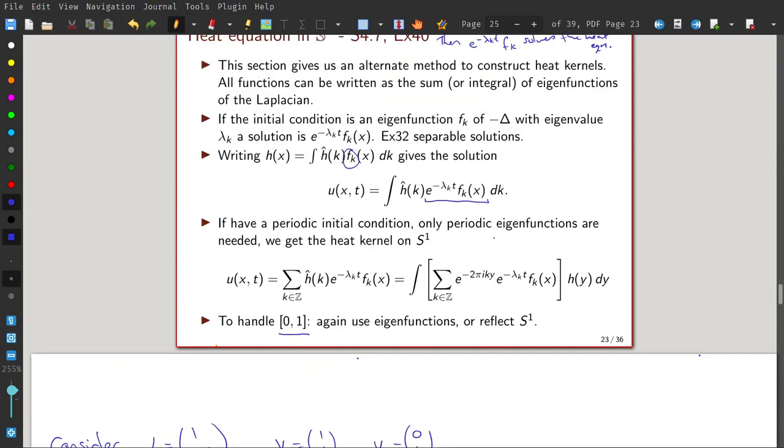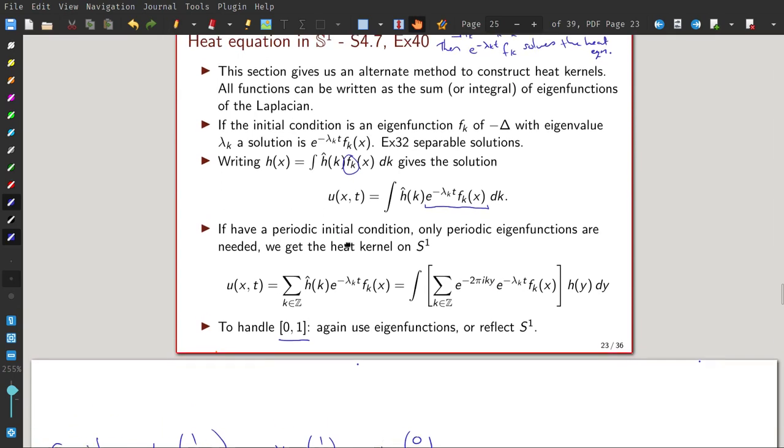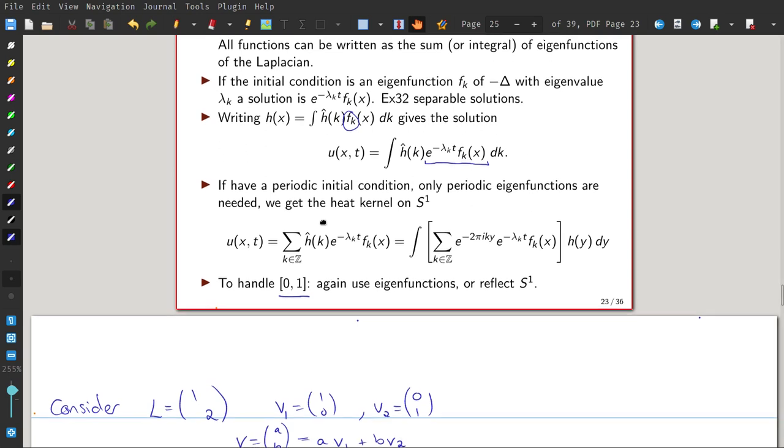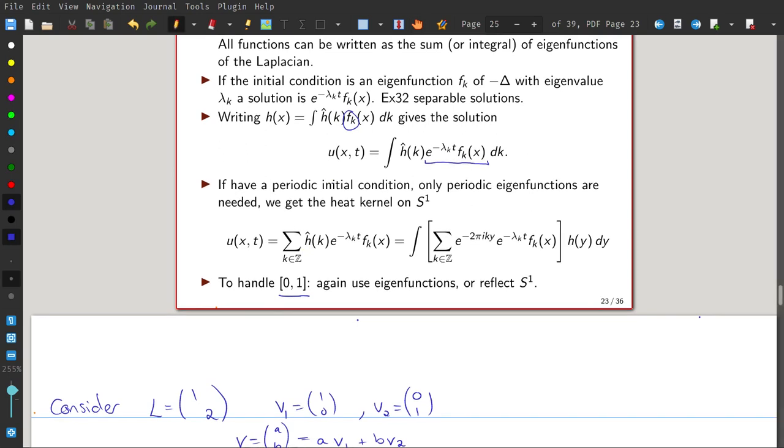Okay, so then we come back up to here. And this is exactly what I said. If we have a periodic initial condition, only periodic functions are needed to write it as a sum. Instead of an integral over all values of k, we can just take a sum over the integer values of k, like here.